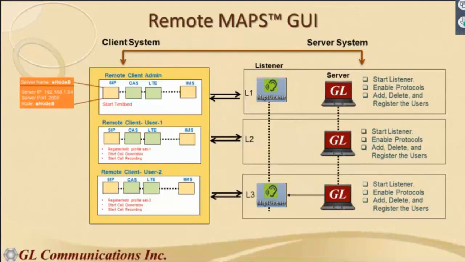The client is one system from where a user can connect to a server system through TCP/IP. In this diagram we can see the admin user connecting to different protocols, SIP, CAS, LTE, IMS, and so on. Similarly for the other users, user 1 and user 2. Now let's see how the communication happens between the client and the server via the listener.